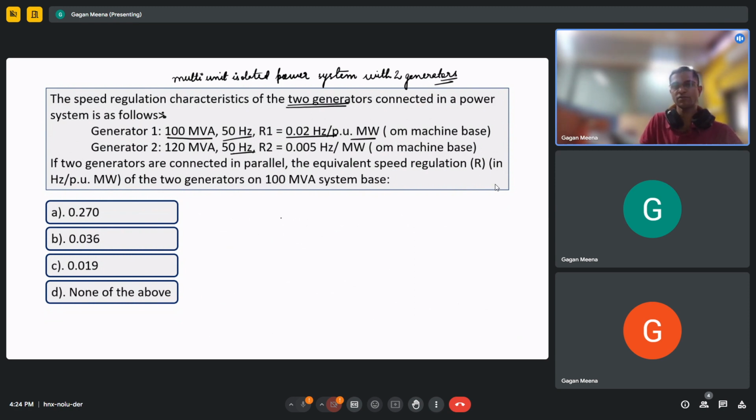So again, we have to convert it into the system base, which is this 100 MVA. This is already given in hertz per megawatt, and we need to find it in per unit. So we need to convert.